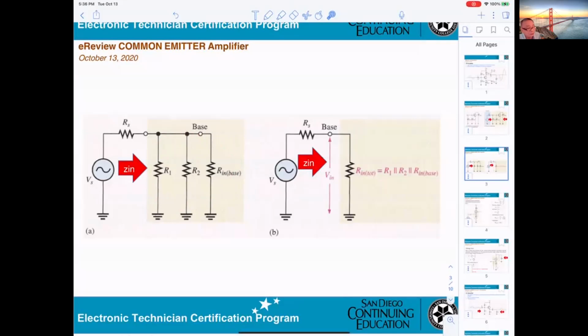That means from the base to the ground, you can get the resistance, which they call R in base. Those 3 resistors are in parallel. So they give you the total impedance or resistance, which they call R in total. I call it G in, the total impedance, same way. Either way you want to say it. That means they combine R1 parallel R2 parallel R in base into one resistor.